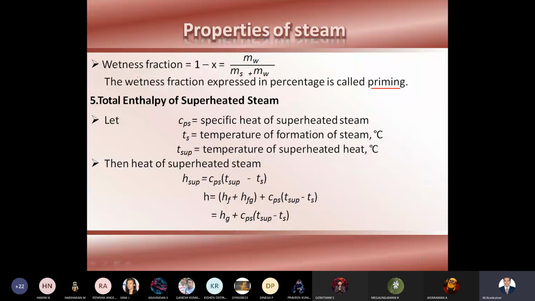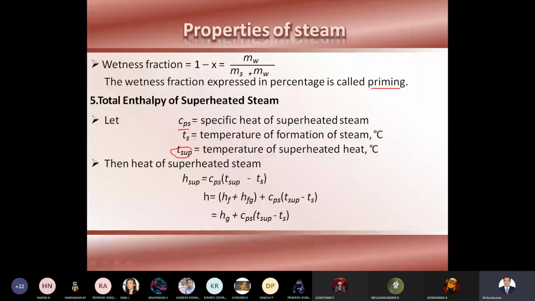Then the next property is the enthalpy of superheated steam, right? So you know what superheated steam is. Cps is the specific heat at constant pressure for superheated steam. Then Ts is the temperature of formation of steam, that is the saturation temperature, and Tsup is the temperature of superheated steam.